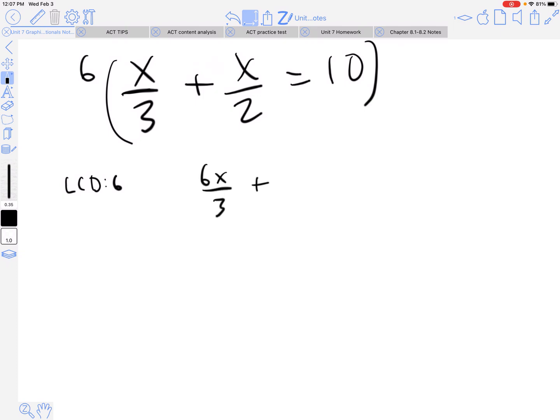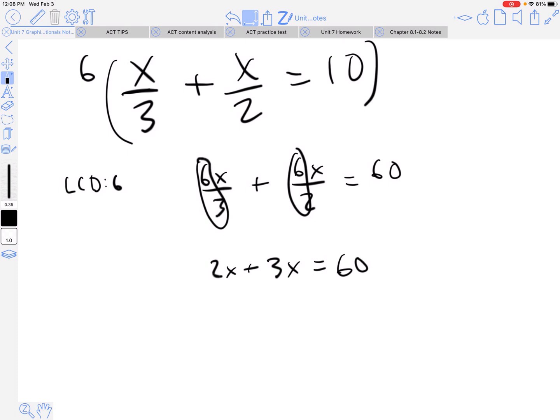Sometimes I do this step a lot quicker, but I'm going to try to show you everything here. So I multiply by 6 all across the board. And then, as you notice, when I simplify this, 6 divided by 3 is 2, 6 divided by 2 is 3, and my fractions are gone.